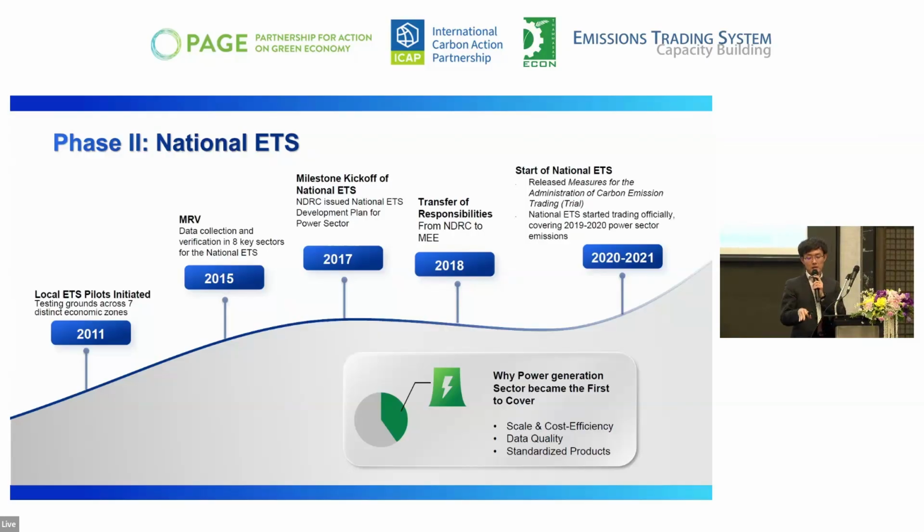But in the pilots of the China National ETS, it's not that the regulations come first and then the MRV. They can happen at the same time. The government decides to implement the ETS, then starts to do the MRV to build the data foundation, and considers how to implement the design elements like the infrastructure and supplementary regulations at the same time.